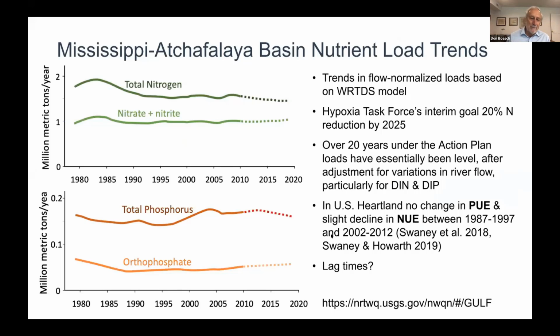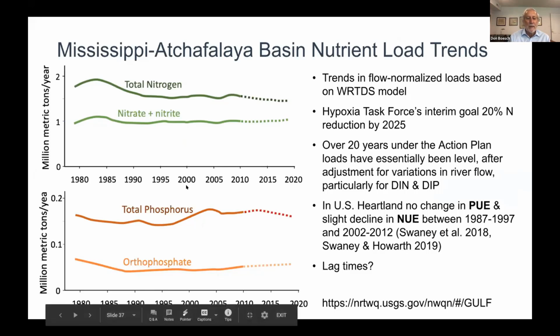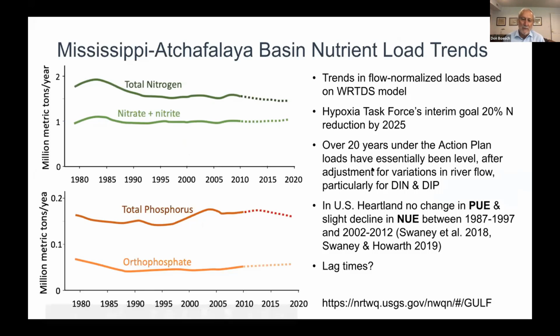because actually, if we look at the trends, we'll see that, and these are flow-adjusted trends, and I've only shown you the central tendency, they're basically flat lines since we started this. No real changes in either total nitrogen and nitrate, or total phosphorus or orthophosphate. So either, again, we are fooling ourselves, or we're not taking enough steps to reduce these loads.